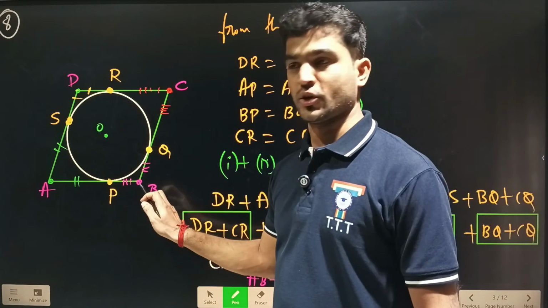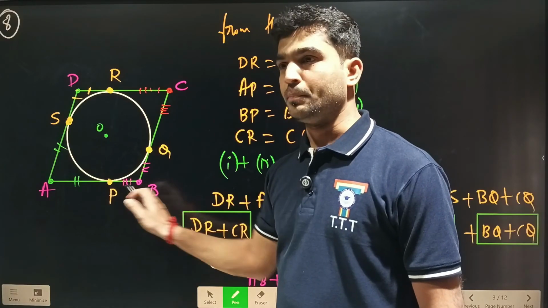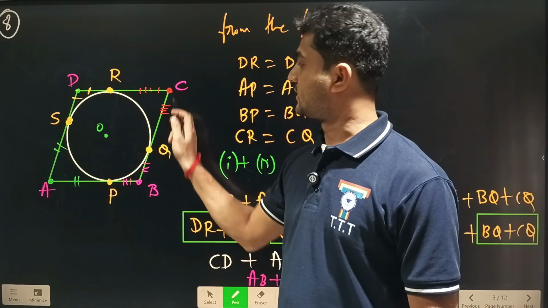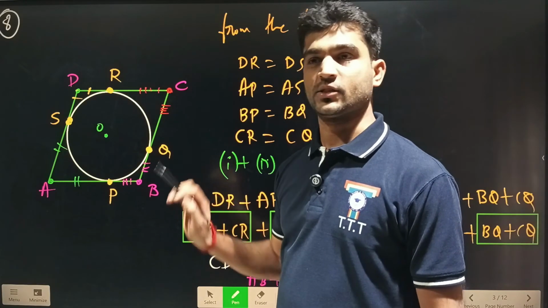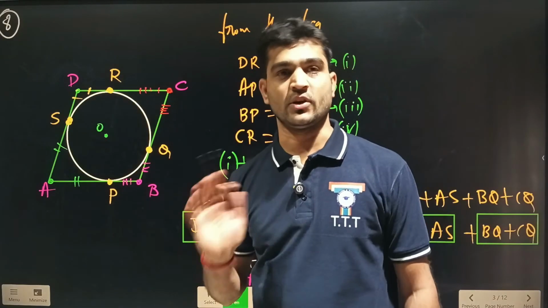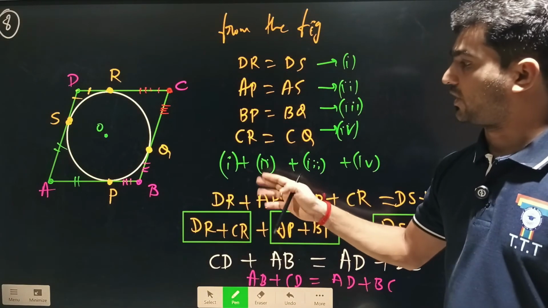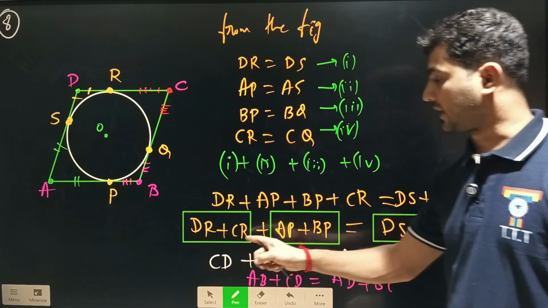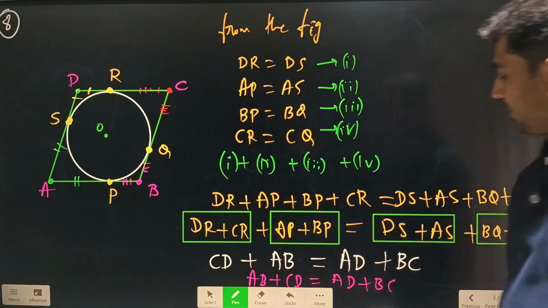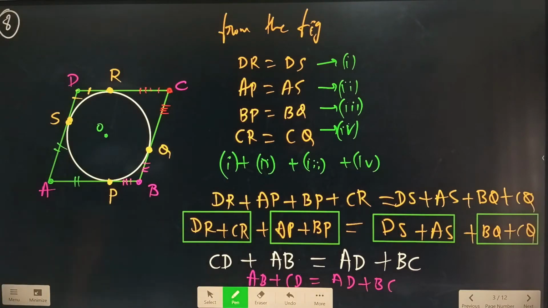If this is an external point, B and BQ are equal. If this is an external point, Q and C are also equal. And DR and DS are also equal. So all are equal. Then adding all that, I can say AB plus CD is equal to AD plus BC, and I proved it. Okay? You need to observe it once. Then I hope you can solve that.